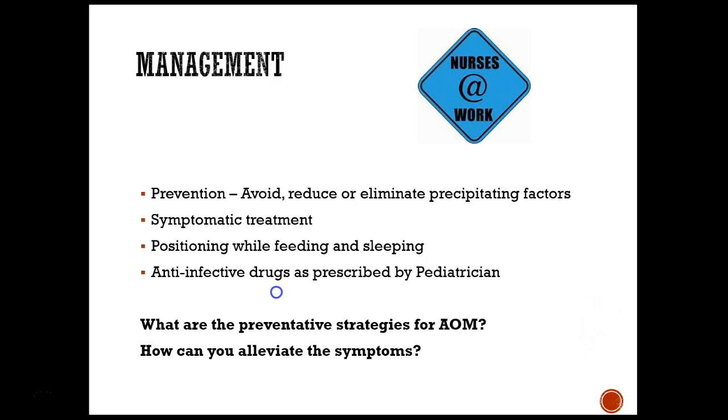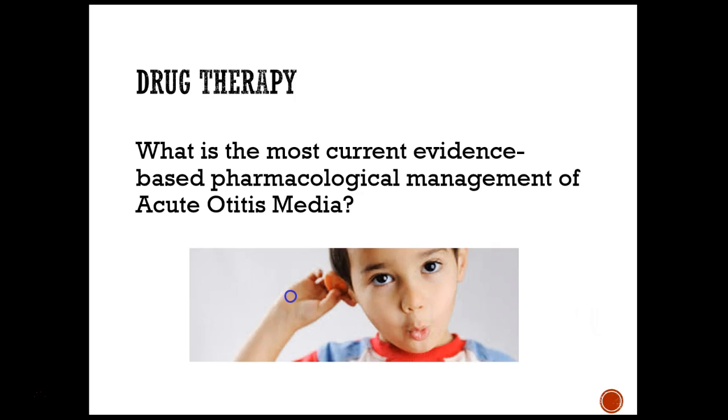What are the preventative strategies for acute otitis media, and how can you alleviate the symptoms? The very first thing we do is administer antibiotics as soon as possible. And so in terms of drug therapy, what's the most current evidence-based pharmacological management of acute otitis media?